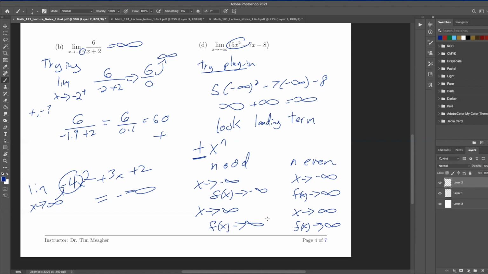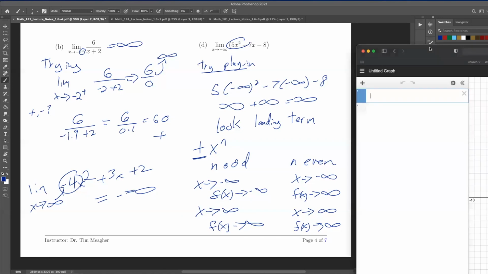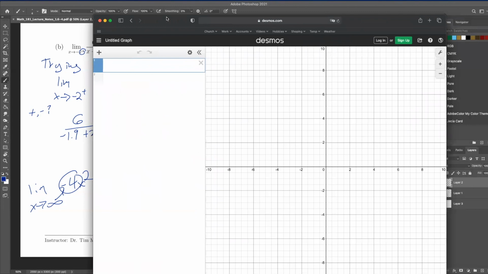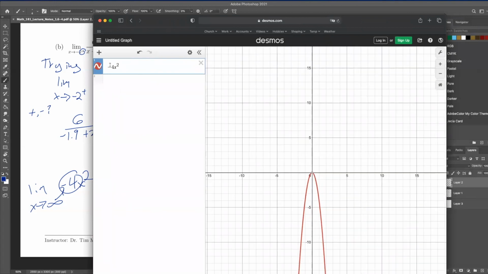Let me just show you in Desmos exactly what's going on. Let's look at minus 4x squared plus 3x plus 1.